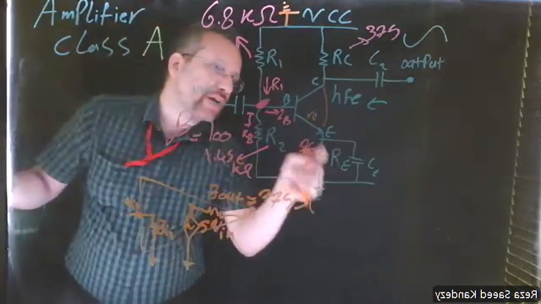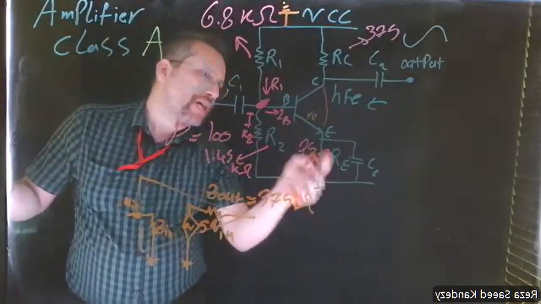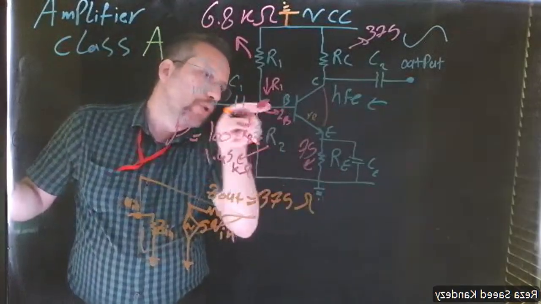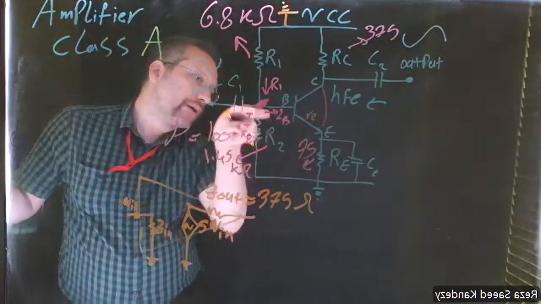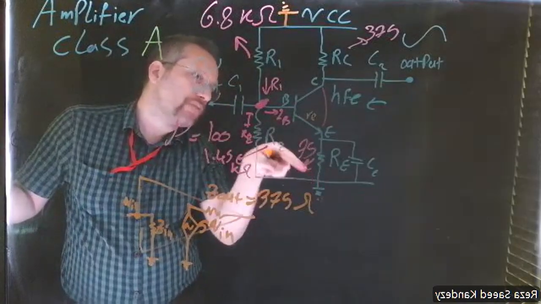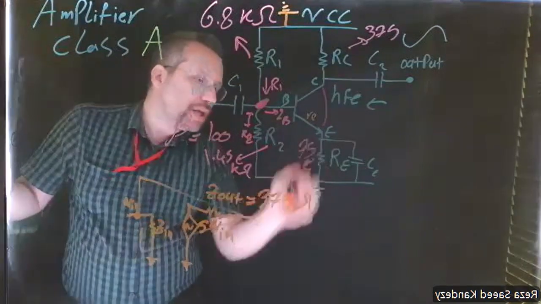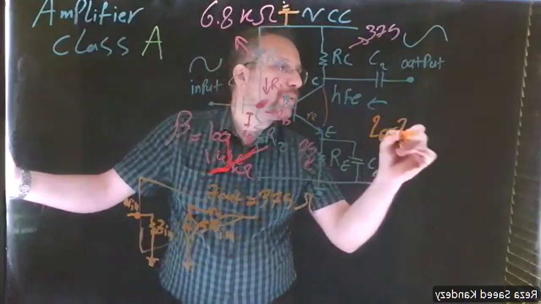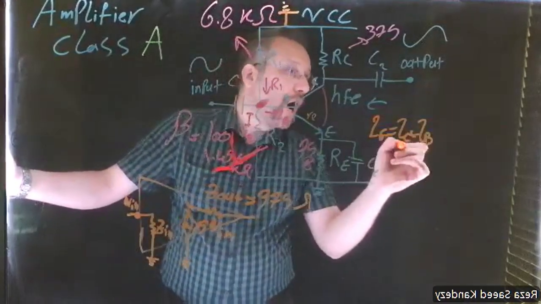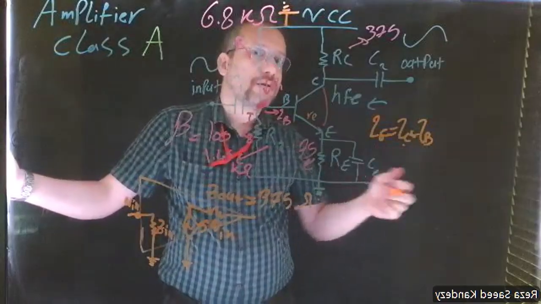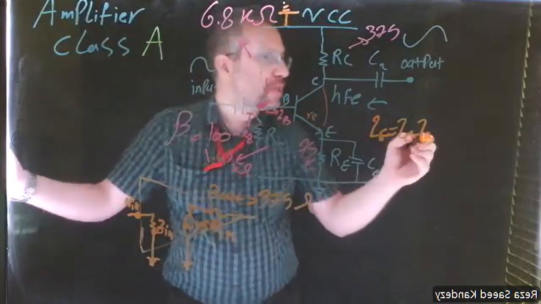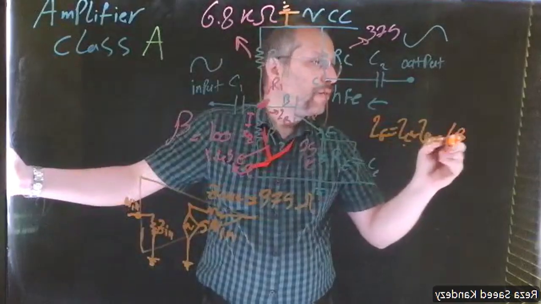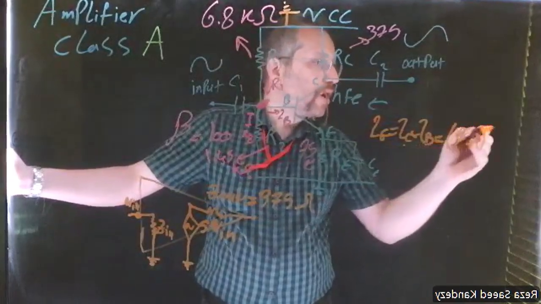Now, how can we transfer this one? When you look at this circuit, we said that IE is IC plus IB, but IC is beta times IB, so it becomes beta plus 1 times IB.